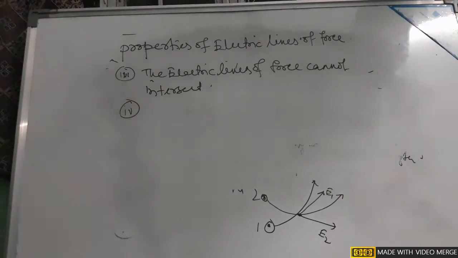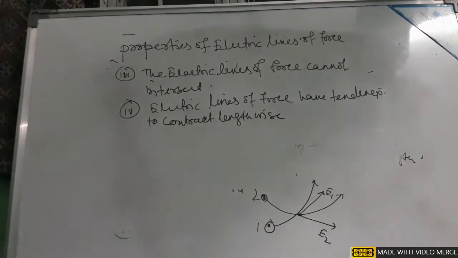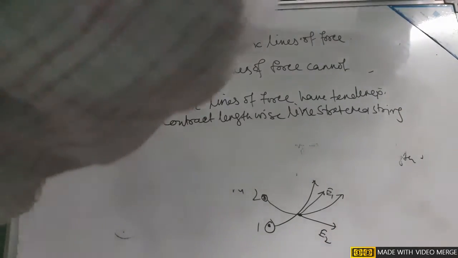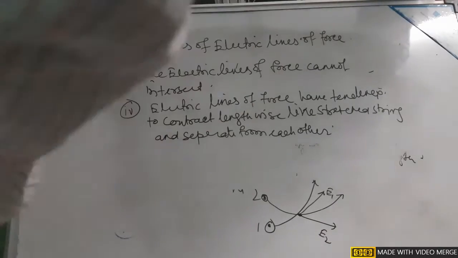Number 4: electric lines of force have a tendency to contract lengthwise, like a stretched string, and to separate from each other laterally.